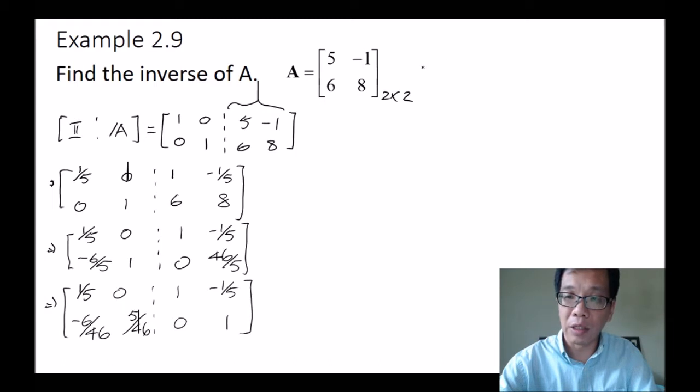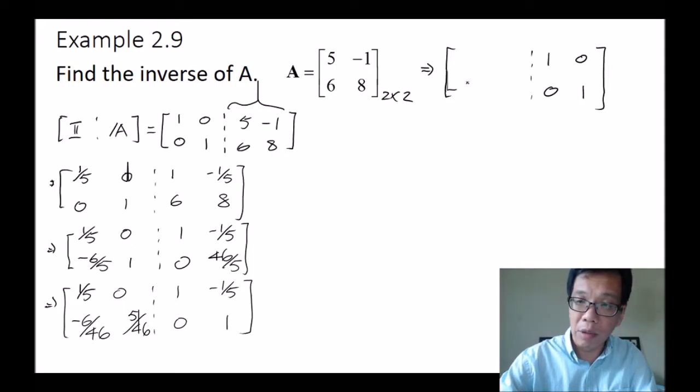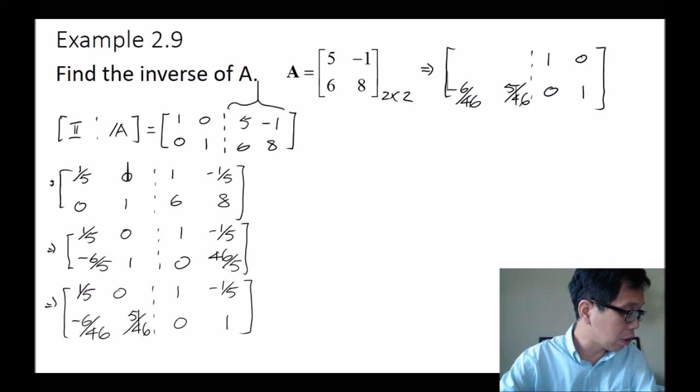Then we got 1, 0, 0, 1. And on the other side, over here we have 8 over 46, and this one is 1 over 46.